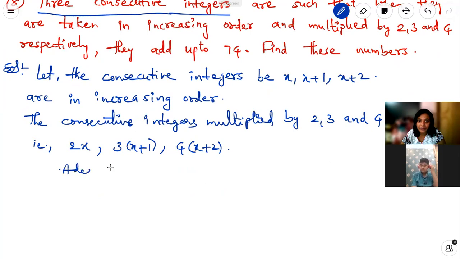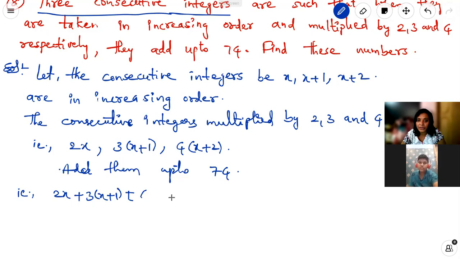Add them up to 74. That is nothing but adding these three numbers: 2x plus 3 into x plus 1 plus 4 into x plus 2 equal to 74.